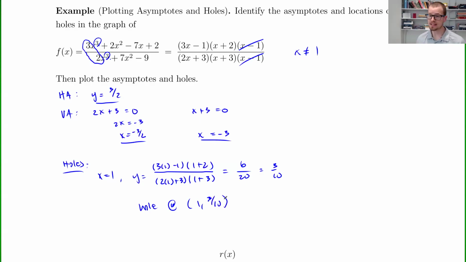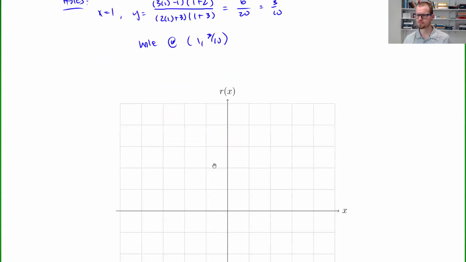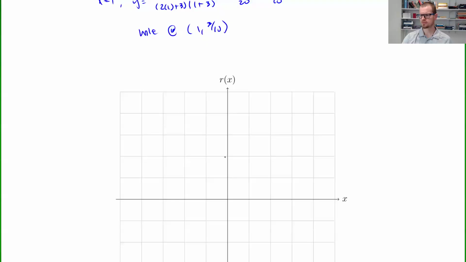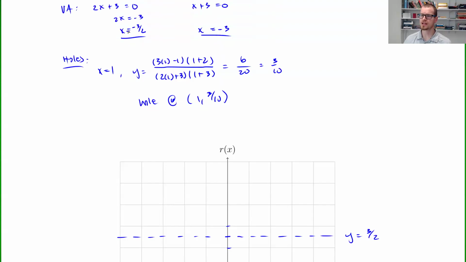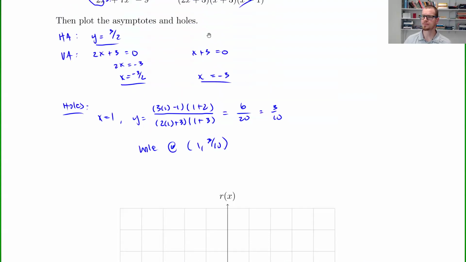And I would like to plot each of these things now. So I have a horizontal asymptote of 3/2. 1 and 2, 3/2 is here. So I have a horizontal asymptote of y equals 3/2. I have two vertical asymptotes, x equals negative 3/2 and x equals negative 3.